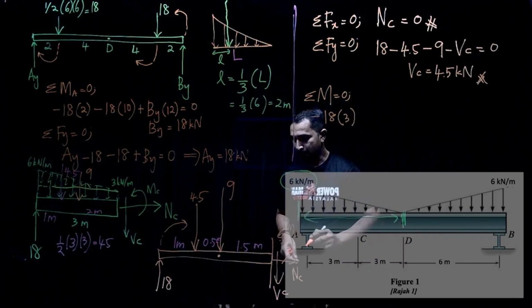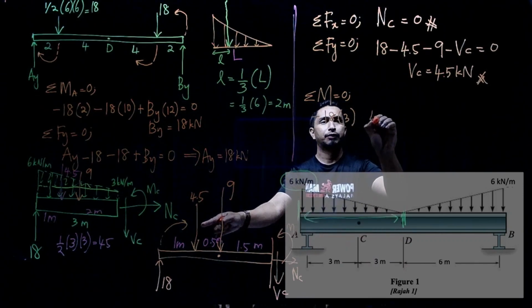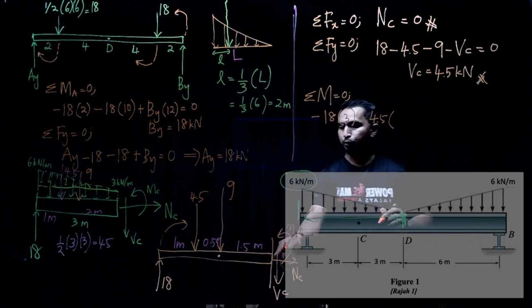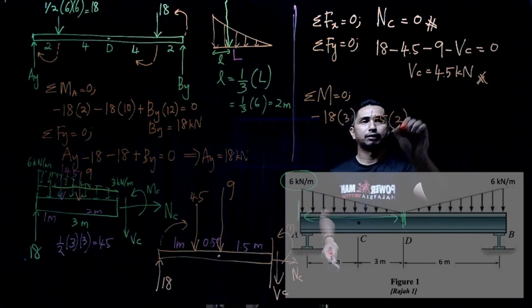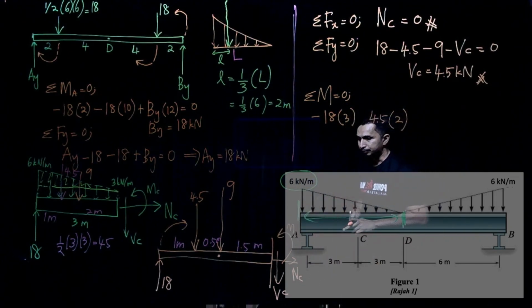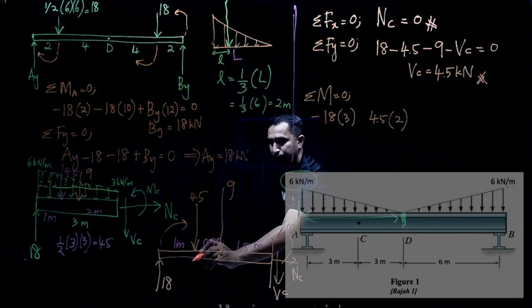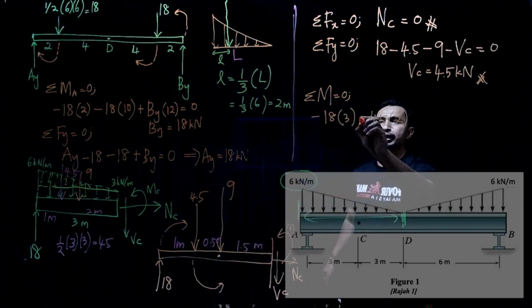Minus here. Then I have the second force, 4.5. Distance until point C is 1.5 plus 0.5, 2 meter. The arrow is going down, then it will rotate at point C, counterclockwise, plus.